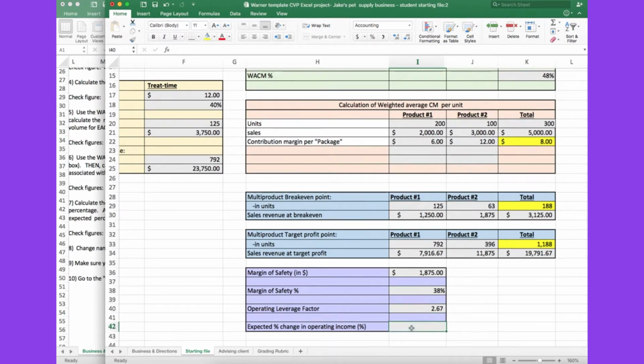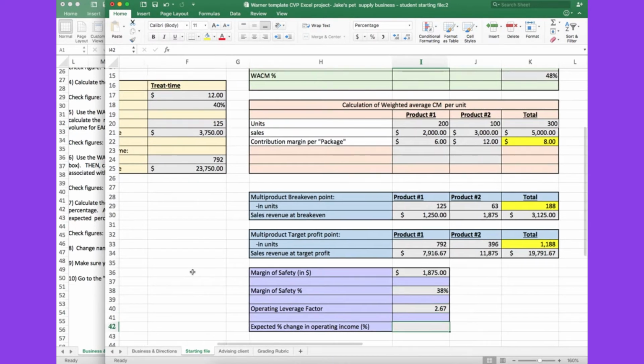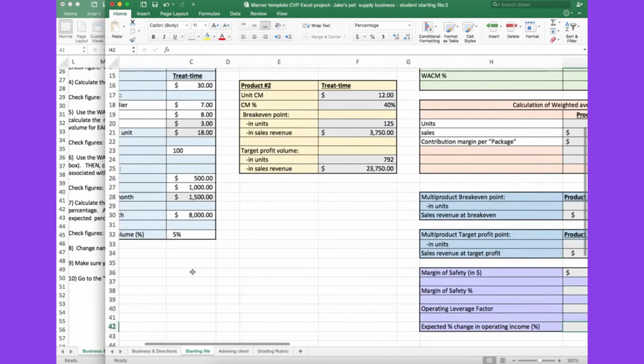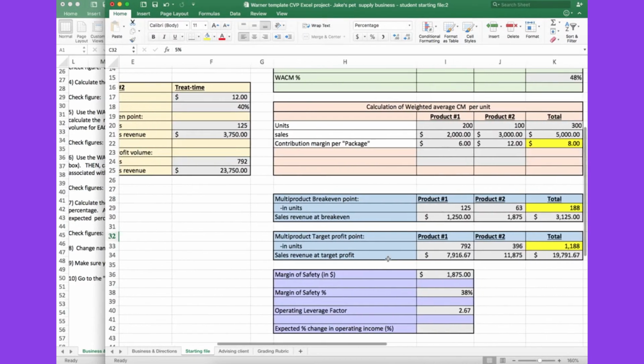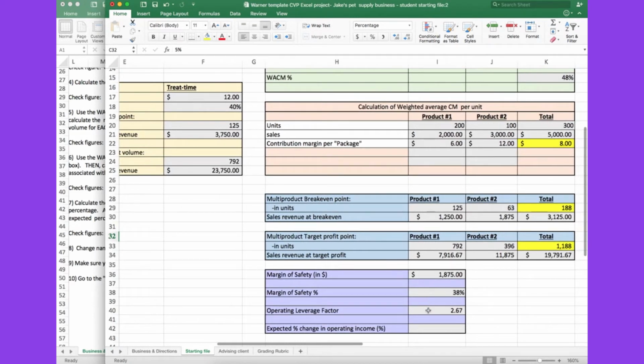And what this means is, we are told that we are expecting to grow our volume the following month by 5%. And we have a leverage factor of 2.67. And the way that this flows out, again, I'm going to show you how it looks and then back into explaining what it is.